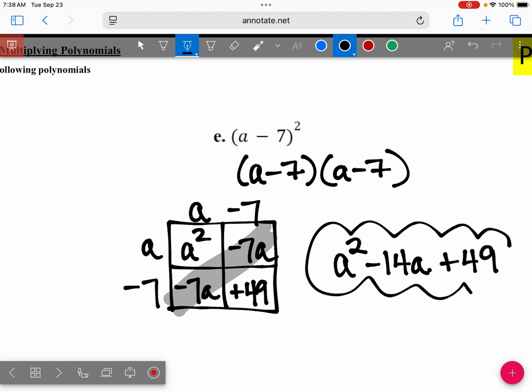And that would be your answer. Any questions about multiplying?